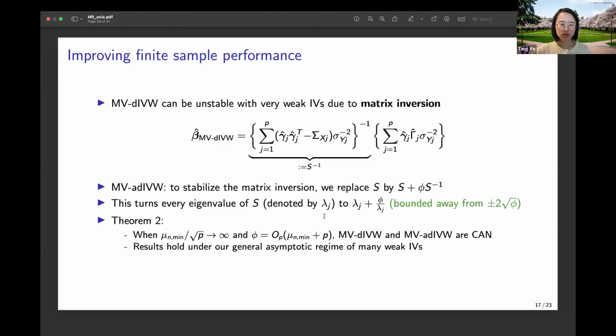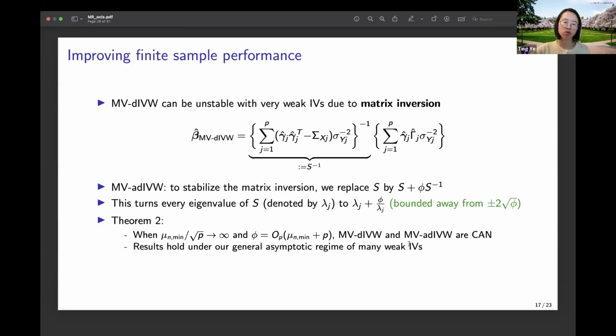So with these 2 estimators, the DIVW and the adIVW, we show the following theorem, which says if the minimum IV strength, denoted by mu minimum, divided by square root p goes to infinity, and if our choice of the tuning parameter phi in this matrix inverse adjustment satisfies this rate condition, then both estimators are consistent and asymptotically normal.